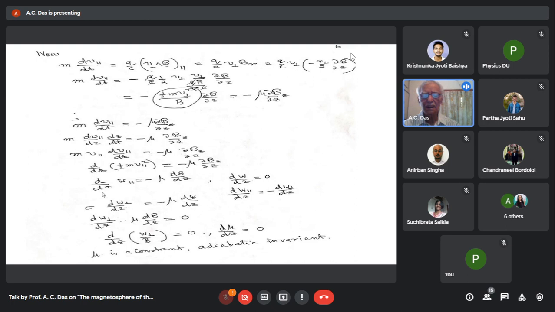B is the magnetic field. I have gone through all these rather quickly because I assume that you have done this in your course earlier. If not, it would be nice to go through it again.